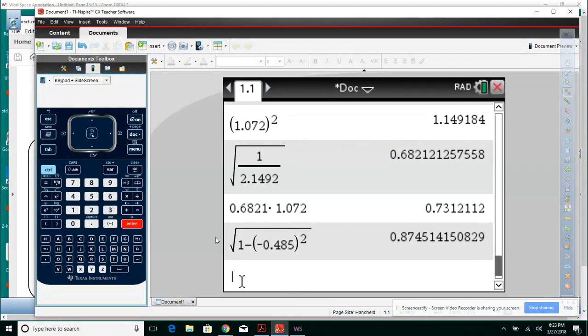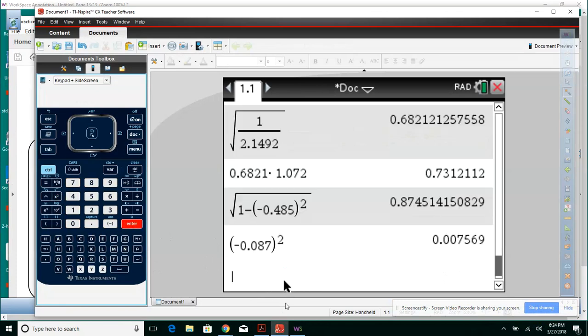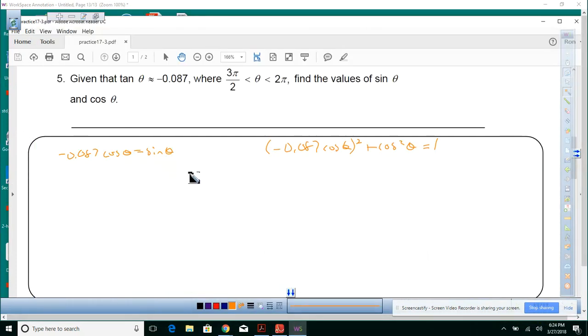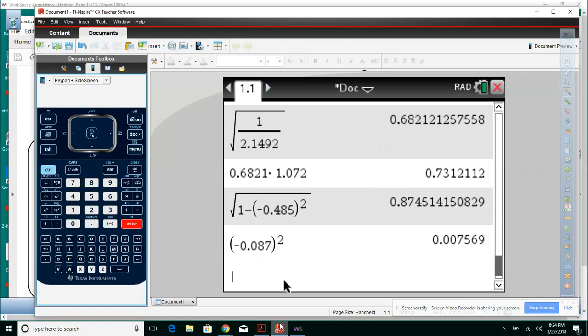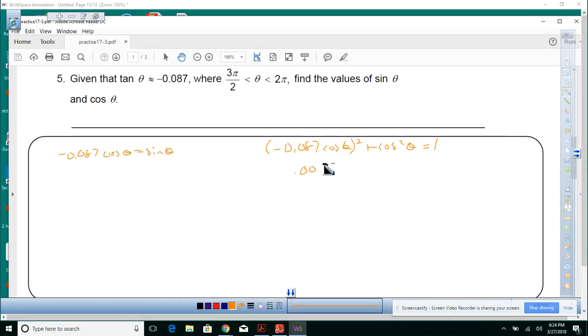So what do we got? Open parentheses, negative 0.087 squared, and it's 0.007576 cosine squared theta plus cosine squared theta equals 1.